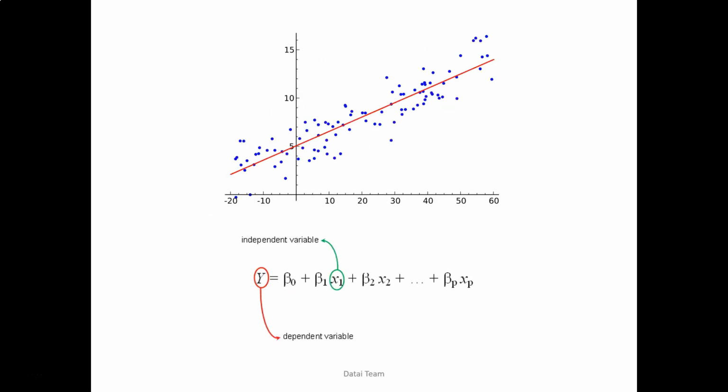And this is very common in machine learning algorithms. In a linear regression algorithm, features are independent variables, and the output is a dependent variable. Linear regression is a linear approach to model the relationship between a scalar response and one or more explanatory variables.